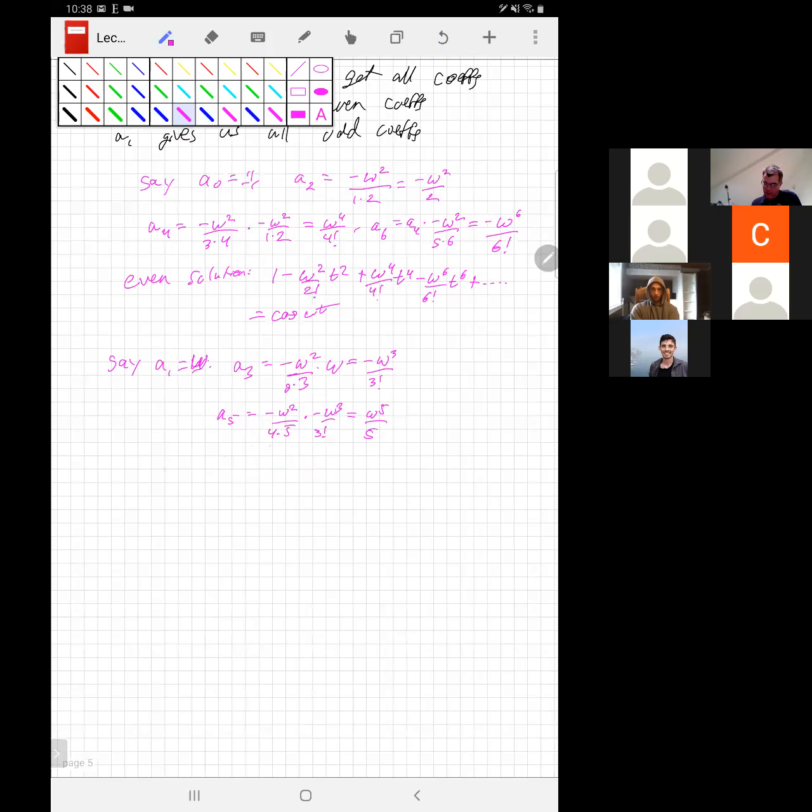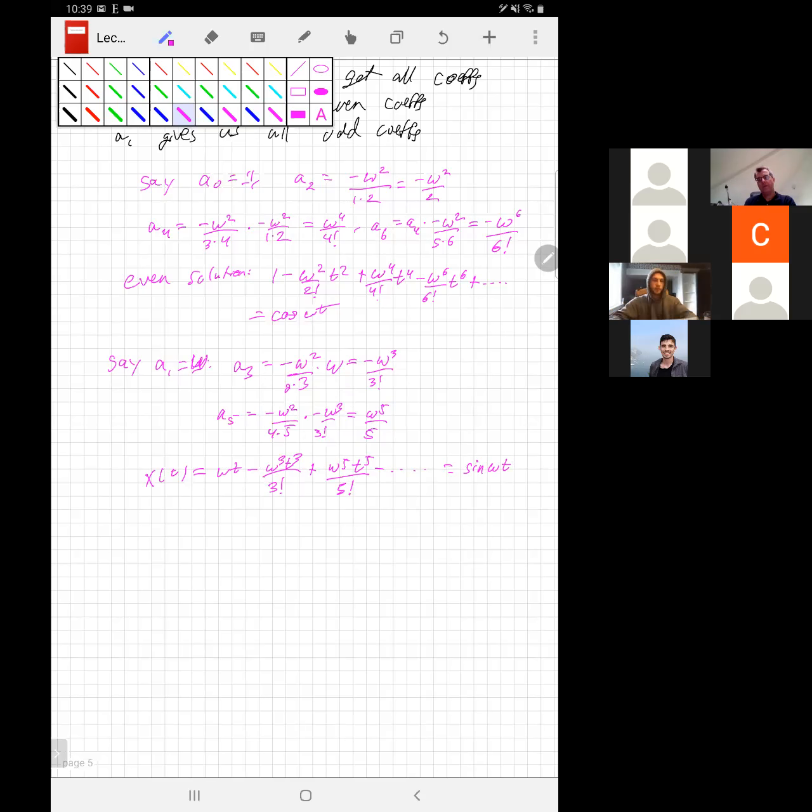Let's just simply say that x of t is equal to omega t minus omega cubed t cubed over 3 factorial plus omega to the 5th t to the 5th over 5 factorial minus et cetera, et cetera. And that is sine of omega t. All right, any questions?